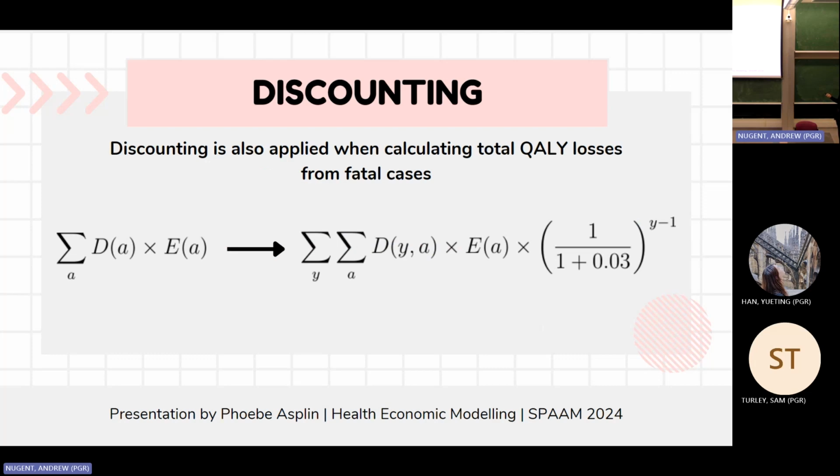We also have to apply discounting when calculating QALY losses from fatal cases. So instead of just summing over all the age classes, calculating deaths and the quality adjusted life expectancy, you now have to sum over the simulation year again. And this DYA is deaths in simulation year Y of people in age class A.